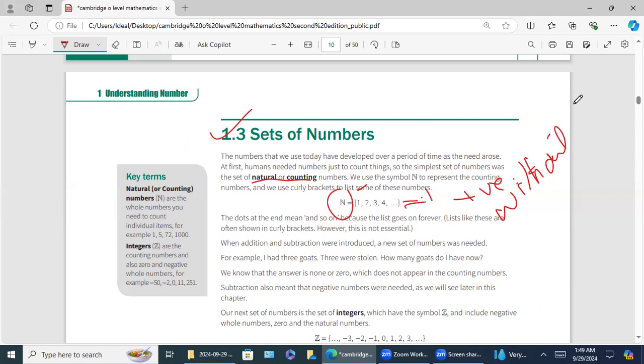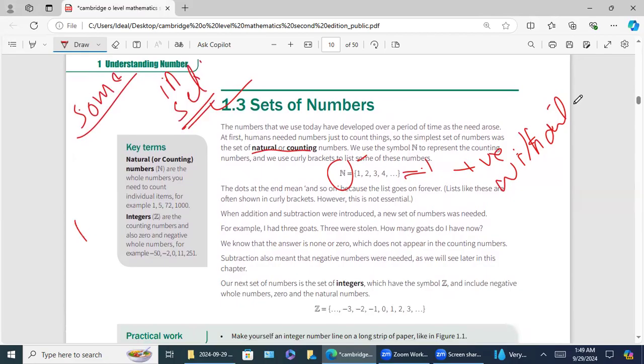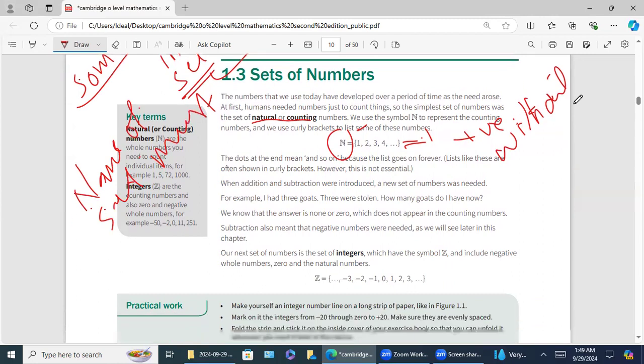As you know, dear student, some important points in the set. First of all, the name of the set must be in capital letter.